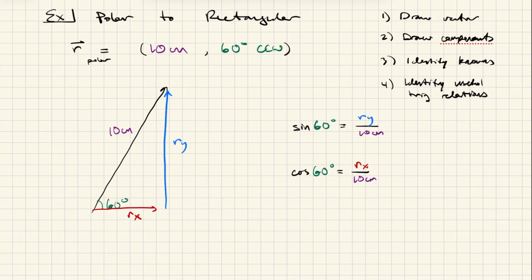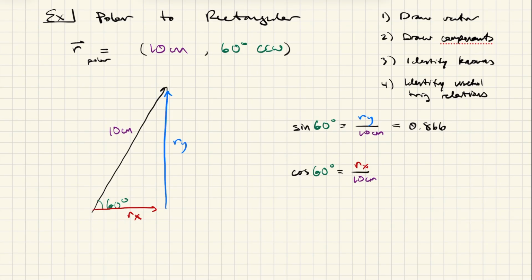Okay, great. And so we can see here, on the left-hand sides, I've got the sine of 60 and the cosine of 60. And both of those are things that I can plug into a calculator. So I'm going to do that really quick. And we find that the sine of 60 degrees is 0.866. And that's equal to Ry over 10 centimeters.